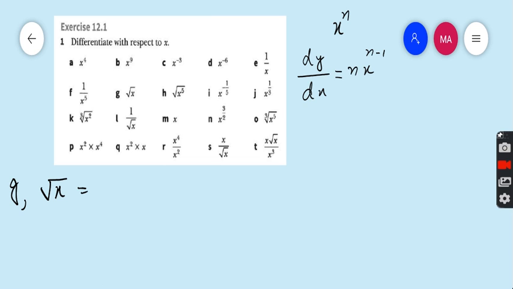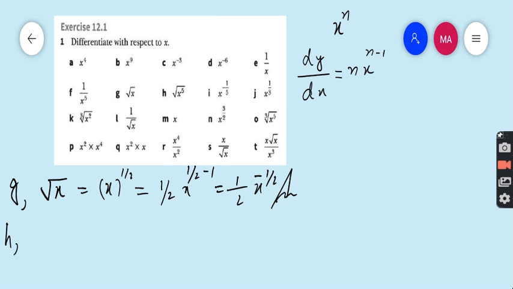The value of square root is half, 1 upon 2. Apply the concept. Write the power first. Subtract 1 from the given power. So 1 upon 2 x, and 1 upon 2 minus 1 is minus 1 upon 2. So 1 upon 2 x to the power minus 1 upon 2 is our final answer.